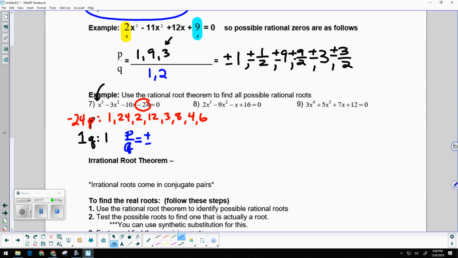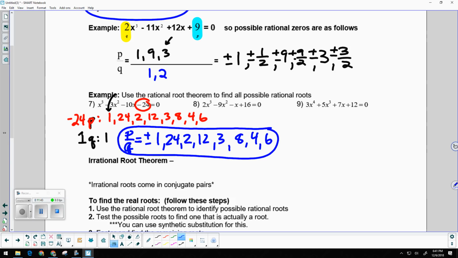So start with 1. 1 over 1 is 1. 24 over 1 is 24. 2 over 1 is 2. 12 over 1 is 12. 3 over 1 is 3. 8 over 1 is 8. 4 over 1 is 4. 6 over 1 is 6. So these are all the possible rational roots of number 7.